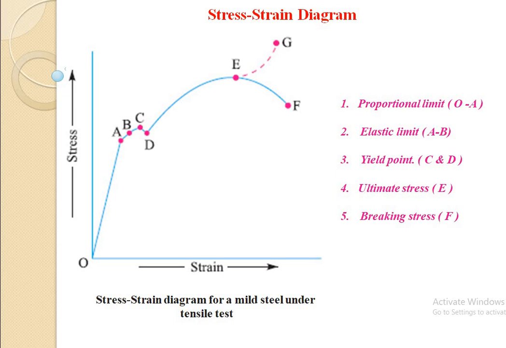The load is applied and measured by a testing machine. The stress is determined by dividing the load values by the original cross-section area of the specimen. In this way, the stress value is determined in a simple tensile test using a universal testing machine.